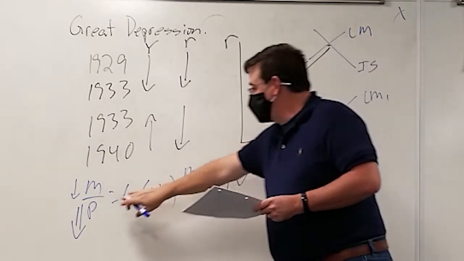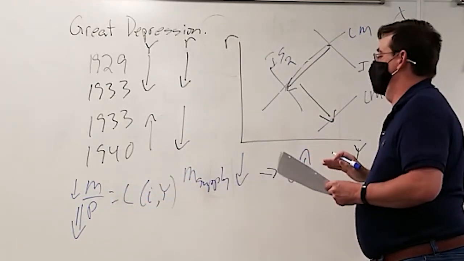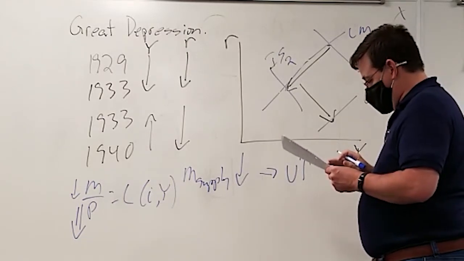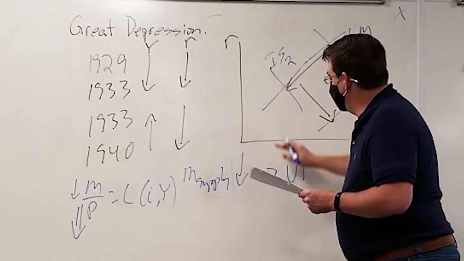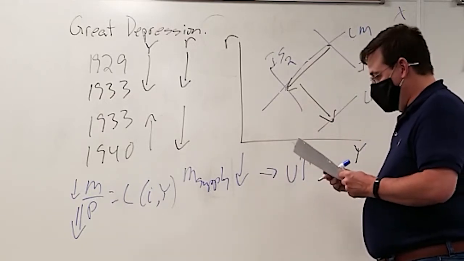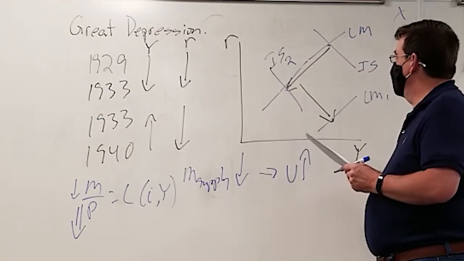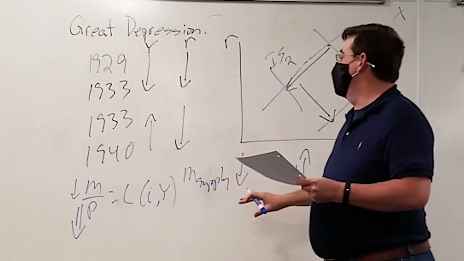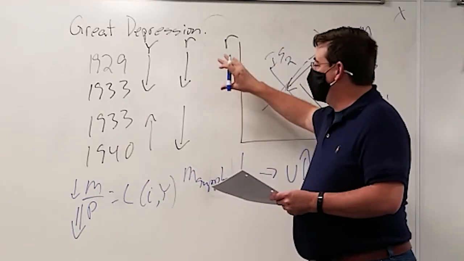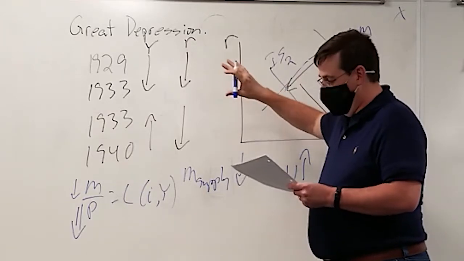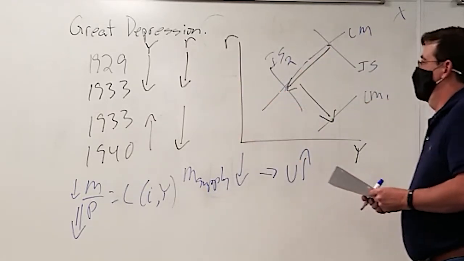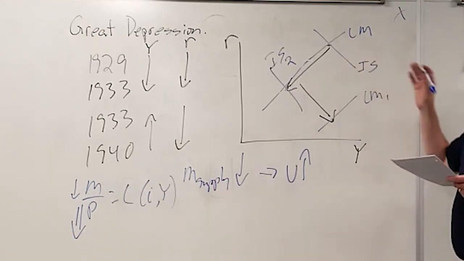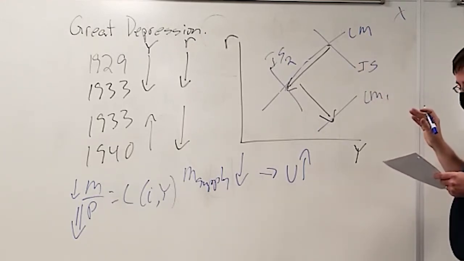But because prices were falling faster than that, the interest rate continued to fall. So the Fed did, in a way, exactly the wrong thing at the same time as fiscal policy did exactly the wrong thing, leading to what could have been a simple recession falling into the Great Depression.